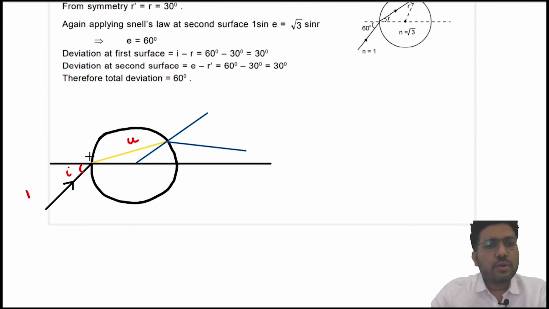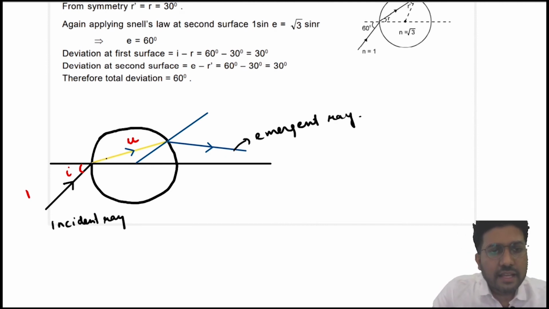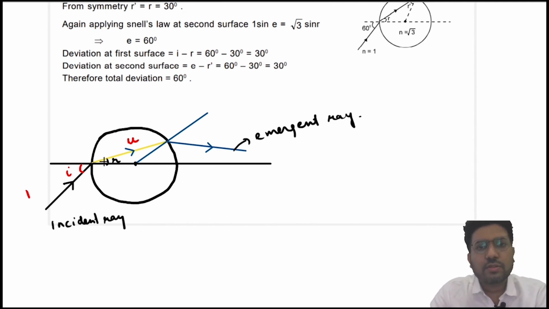So this is the incident ray, this is the ray inside the sphere, and then this is the emergent ray. Now this is I, this is R, but because this is the center, this is radius, that means this is an isosceles triangle.